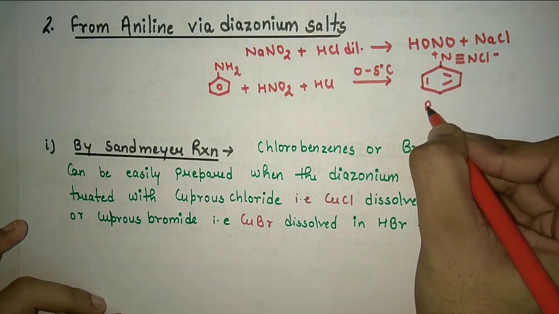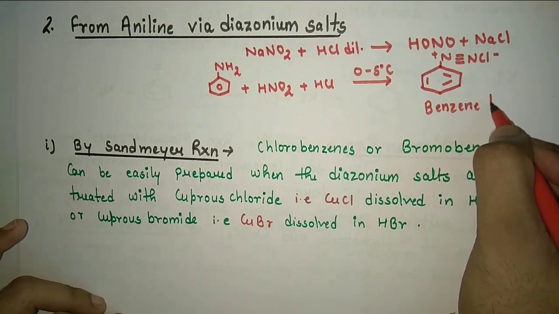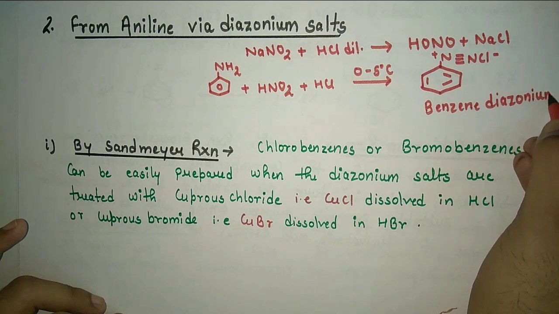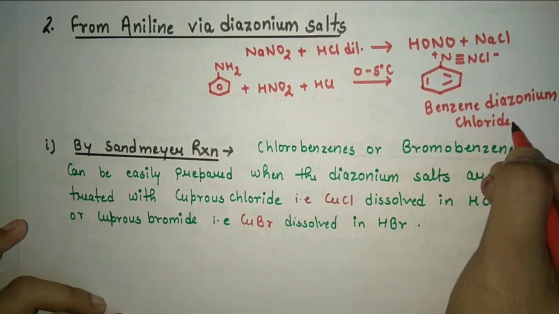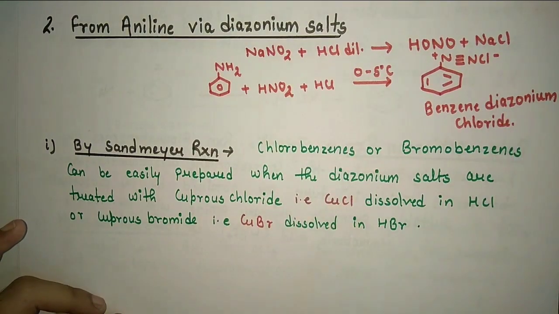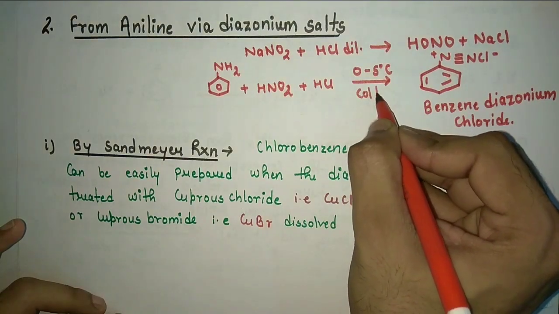This is known as benzene diazonium chloride. So this is the formation of the diazonium salt, and the reaction conditions are cold, remember.